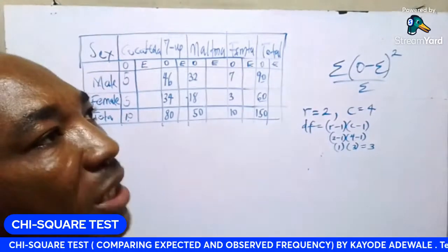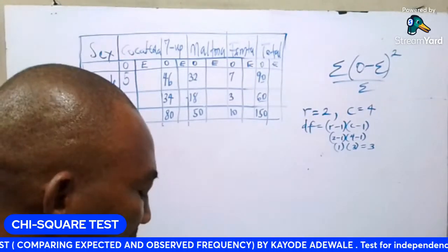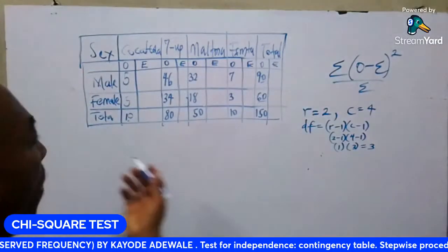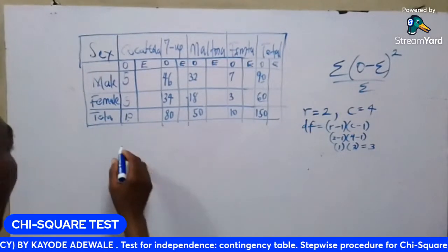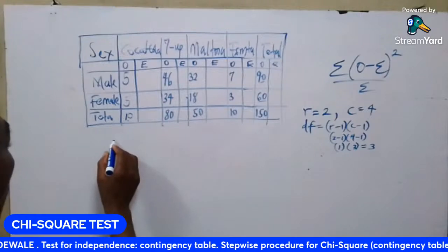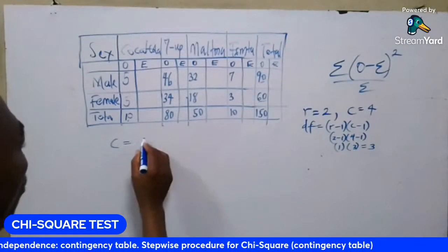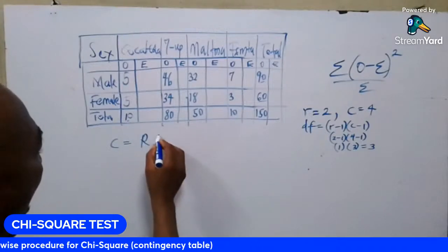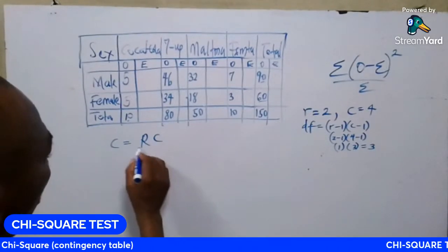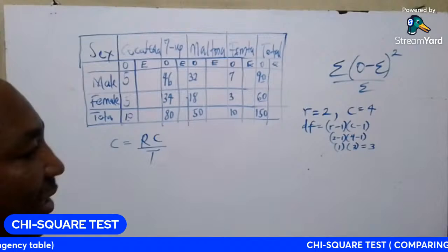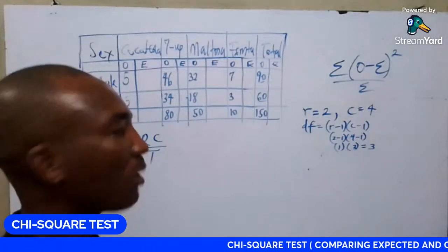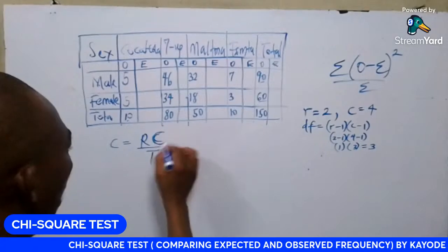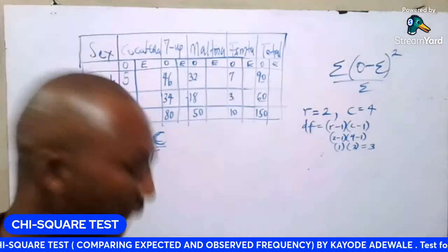So can we quickly go on with the second step? To get the expected frequency, there is a formula you use. The expected frequency, E, equals small r times small c, everything divided by capital T. What does that r mean?